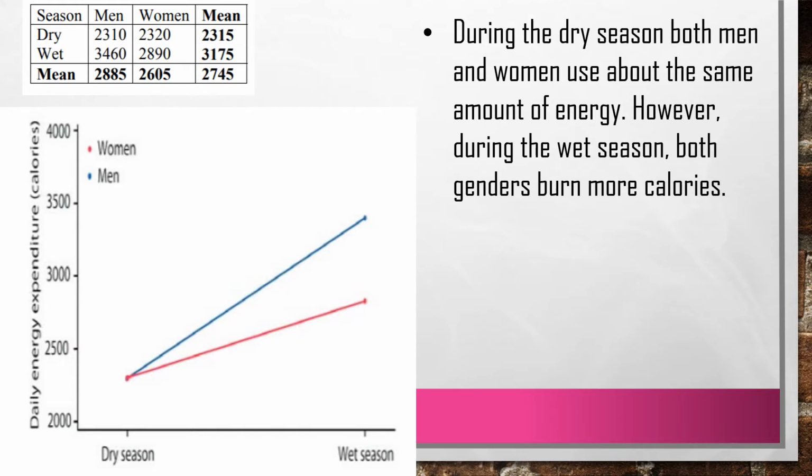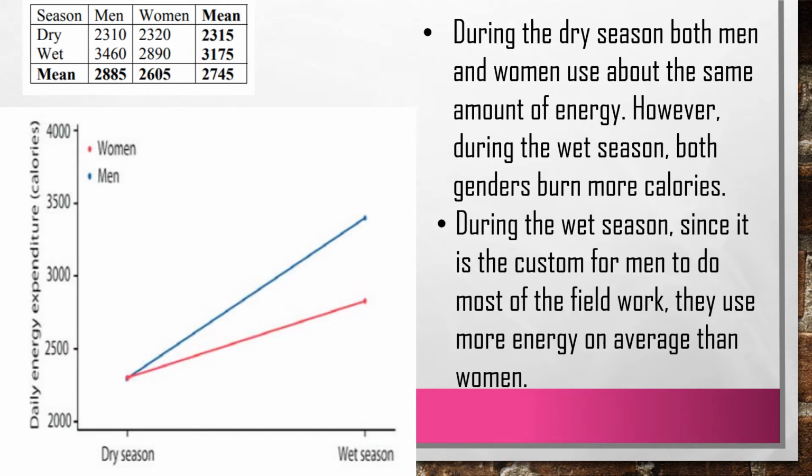During the dry season, both men and women use about the same amount of energy. However, during the wet season, both genders burn more calories. So therefore, there is an effect of season on the number of calories burned.